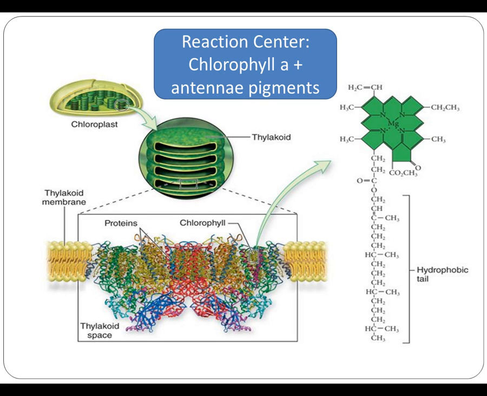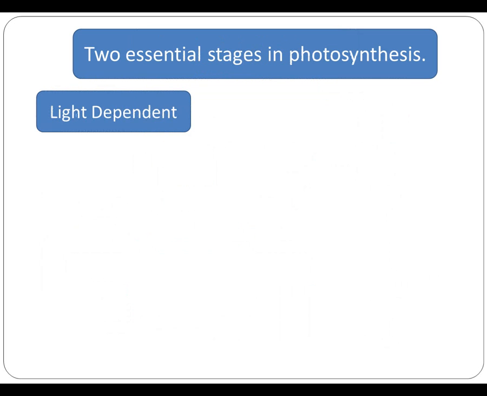All right, so let's look at the overall picture. What's the point of photosynthesis? There are two major components of photosynthesis. One is referred to as the light-dependent reactions, and the other is the Calvin cycle.